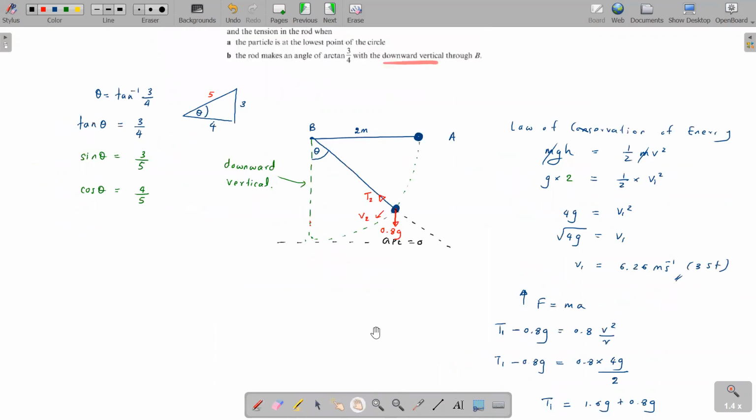Okay, so let's use the law of conservation of energy. Guys, by the way, this angle theta, if you wanted, you could have even made on the other side. It won't make any difference. Some of you might be thinking, can't we take the angle to the downward vertical over here? Yes, you can use it like that.